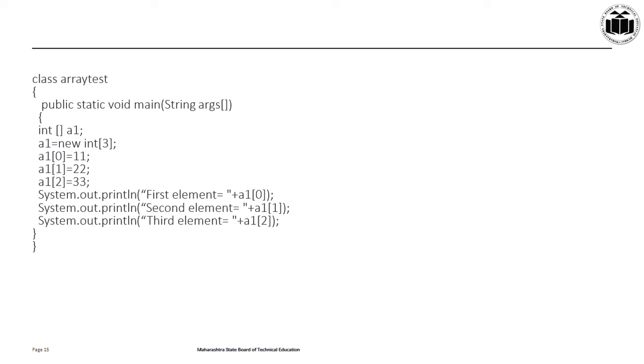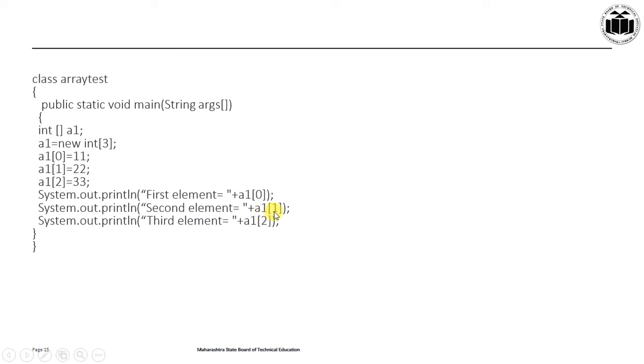Now you want to display those saved elements. So how do you do this? You will do this by using System.out.println, and you want to access the first element. So here you need to write a1[0] because you want to access the 0th, that is your first element. Now if you want to access the second element, you can write a1[1].